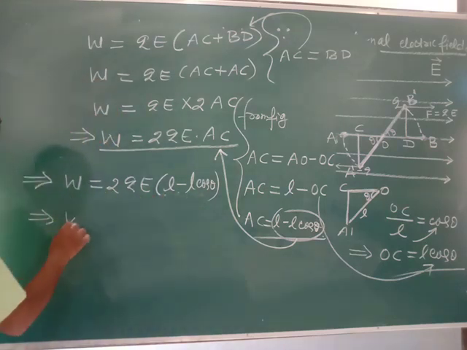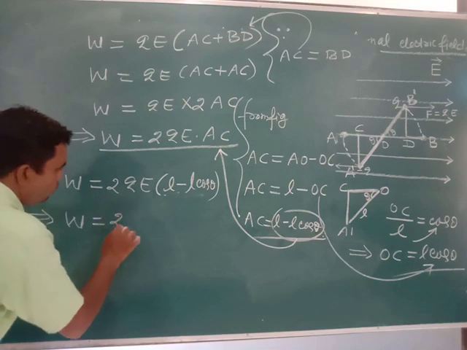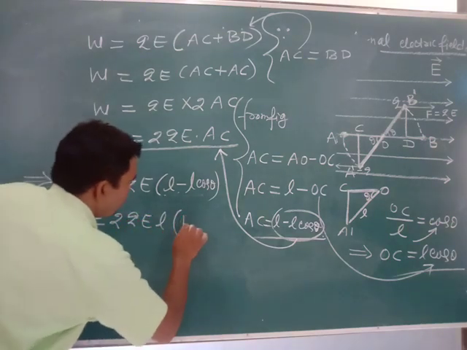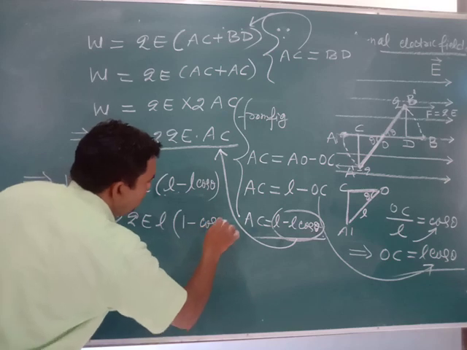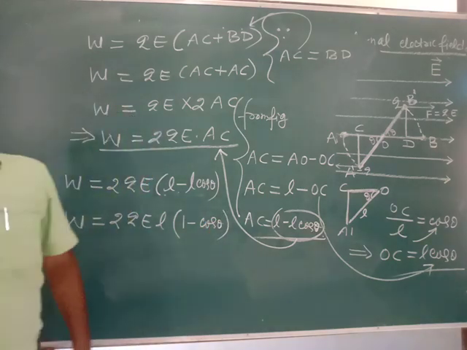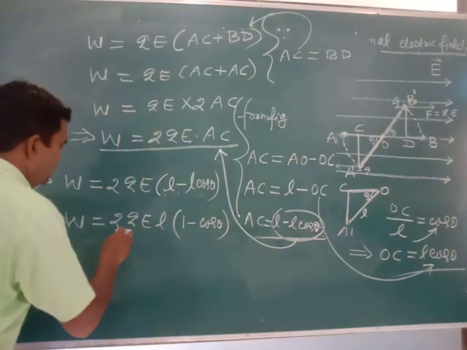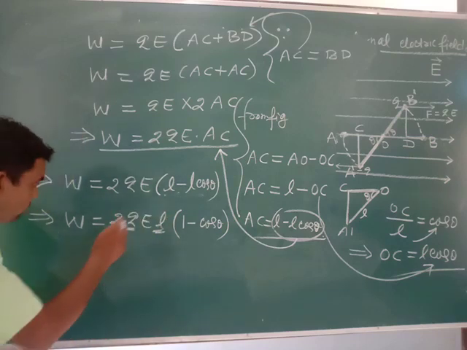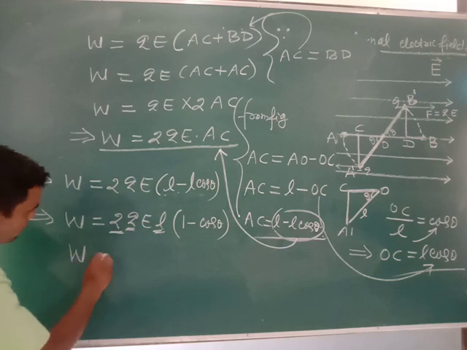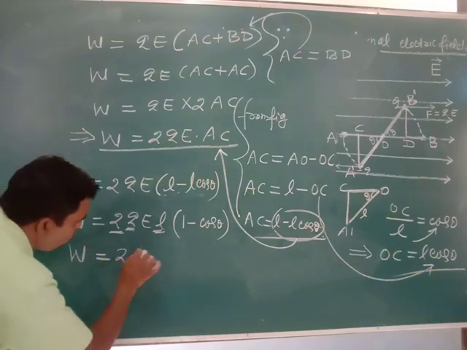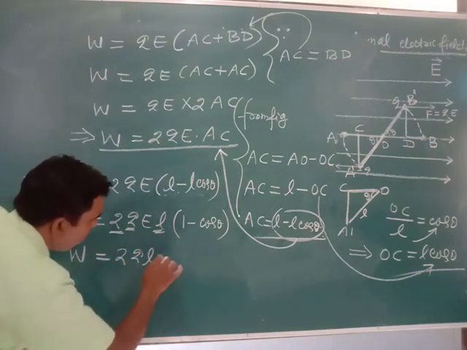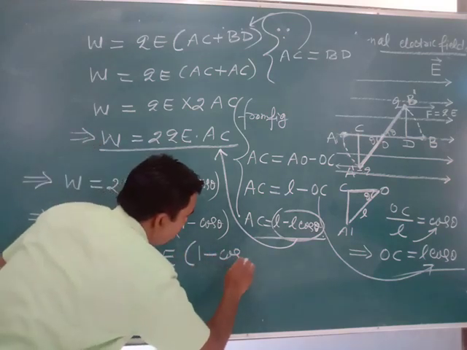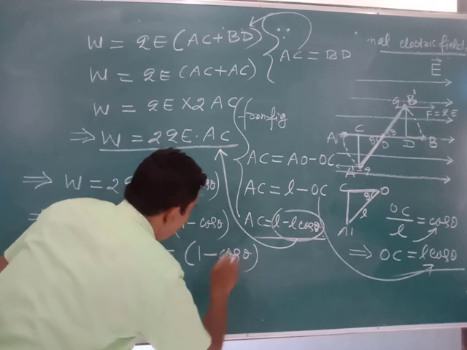Next, work done W is equal to 2QEL in bracket 1 minus cos theta, where 2QEL is taken in compact form.